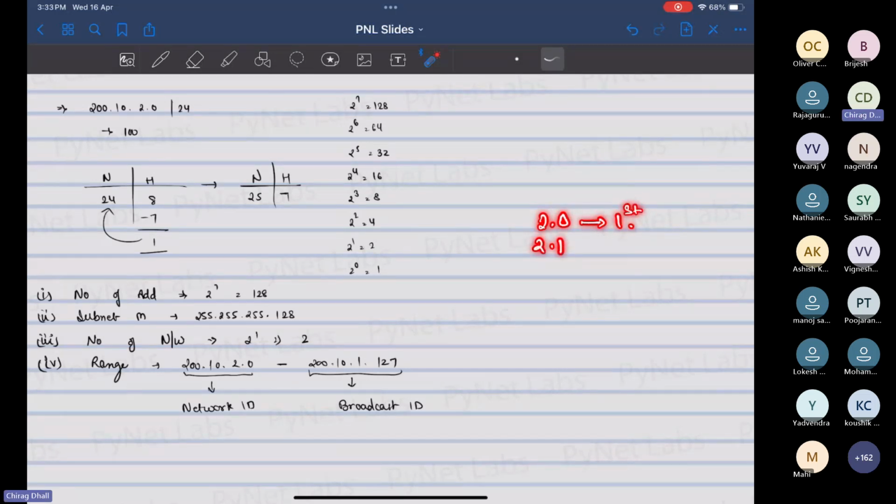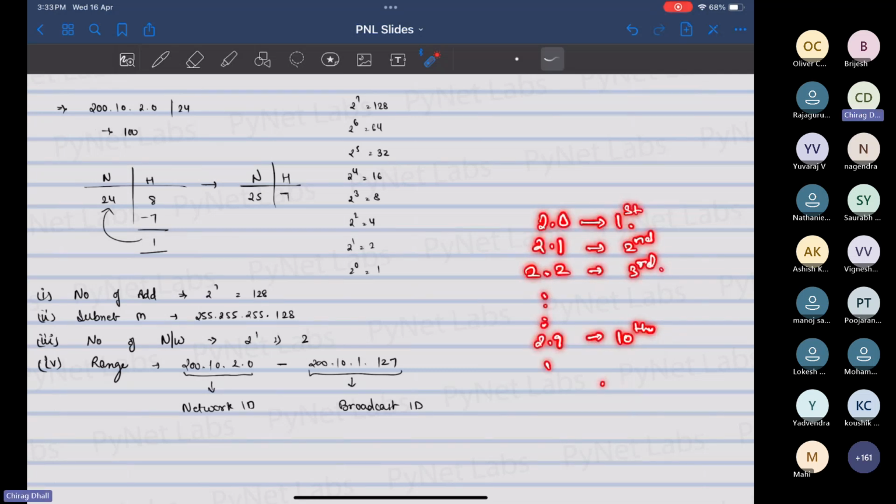210.2.1 is going to be my second IP. 2.2 is going to be my third IP. Similarly, Varun, you tell me what will be the 10th IP? 2.9.